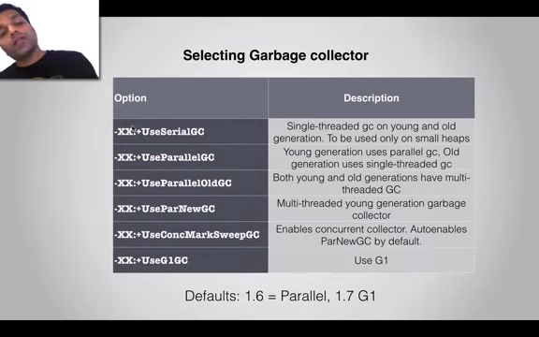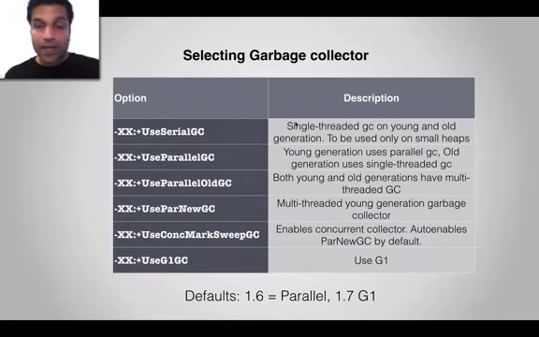So if you put that in the command line of your application, you are telling the JVM to use single-threaded garbage collection on the young and old generation. So it should be on a very small heap because it's single-threaded. So if your application is running on a small heap, it's okay to use serial GC. Generally, nobody uses it.